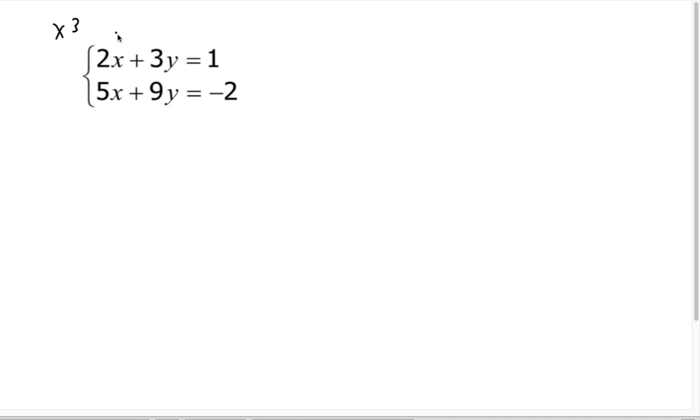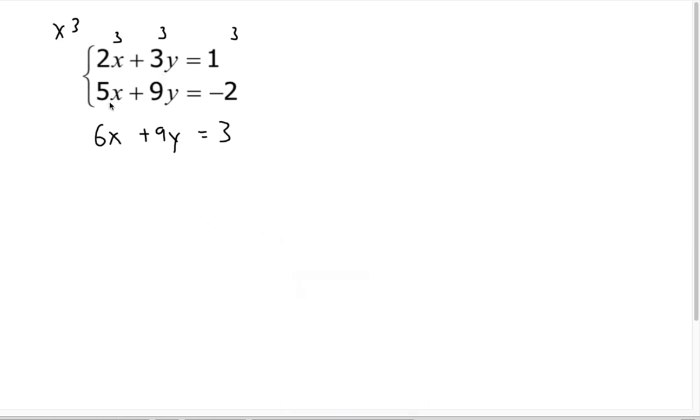So 2x times 3, 3y times 3, and 1 times 3, which will give us 6x plus 9y equals 1 times 3 is 3.